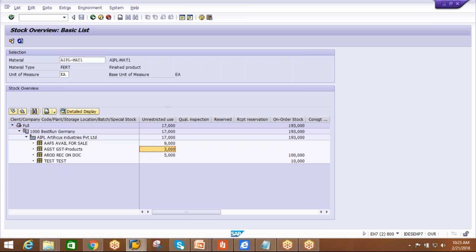Just create a single storage location and do a simple transaction. You will get a clear idea. Our intention is to understand stock management. I can go with a single storage location, or else I can go with 100 storage locations. That is my choice. There is no restriction.